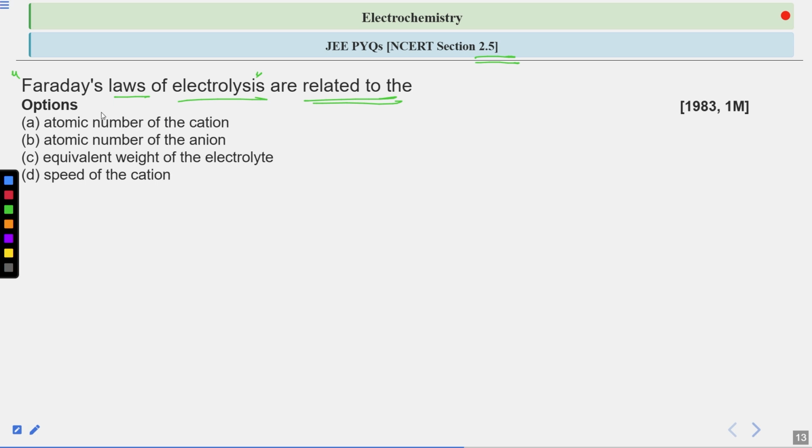As per the given options, you have to select the correct one, right? The four options given are atomic number of the cation, atomic number of the anion, equivalent weight of the electrolyte, or speed of the cation. So you have some time, go through it, and then we will see what the correct answer is.